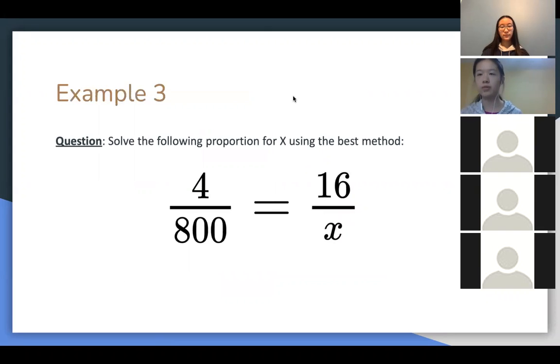So in this problem, solve the following proportion for the value of x. You can choose either of the two methods we just showed you. You can either use the cross multiplication method or you can use the normal method, but try to choose the most efficient method.